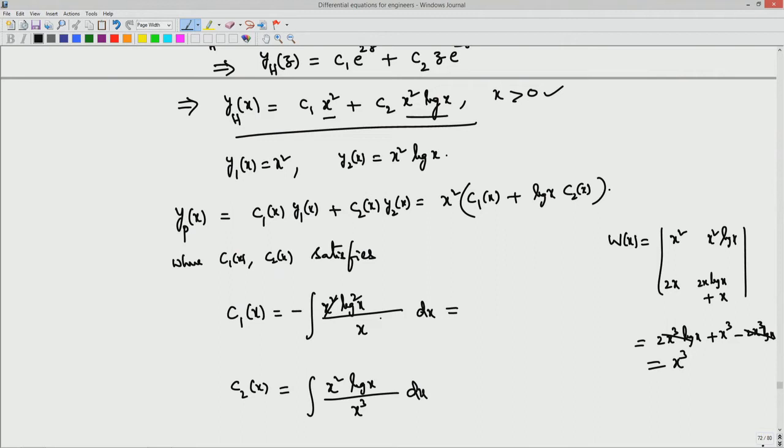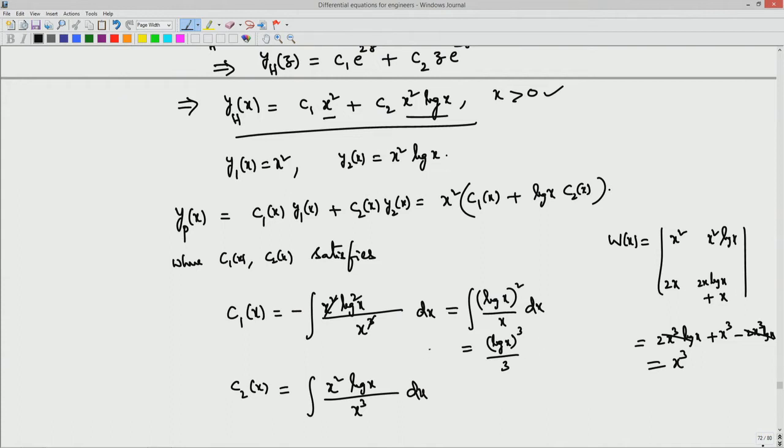So there will be log x by x. By putting log x equal to t, the integral of t square is t cube by 3, so log x cube by 3 is the value of this integral.